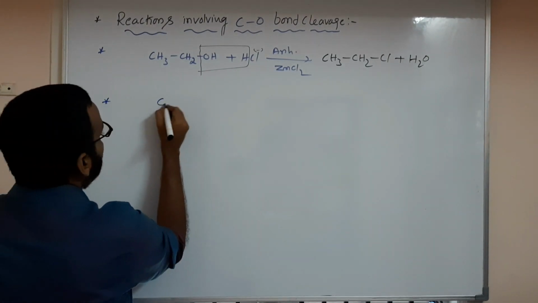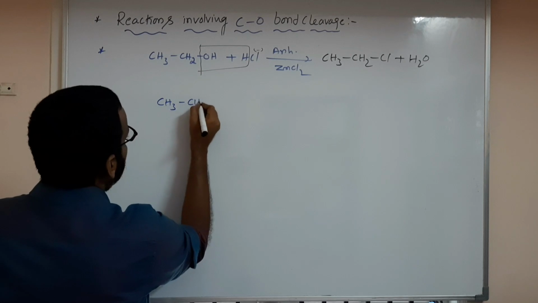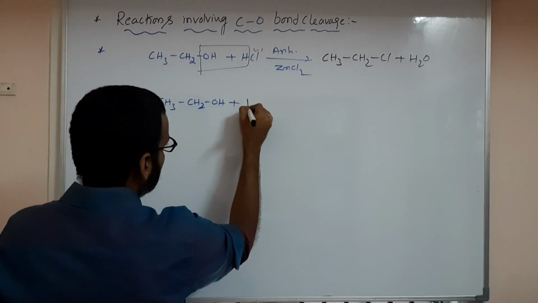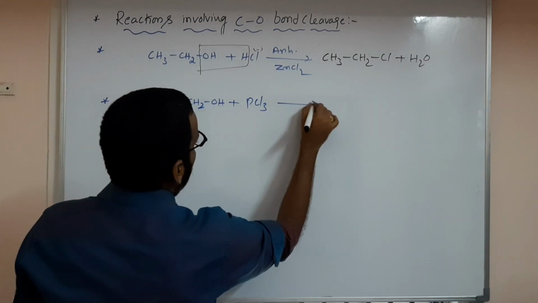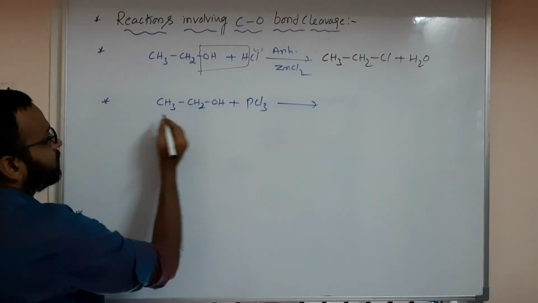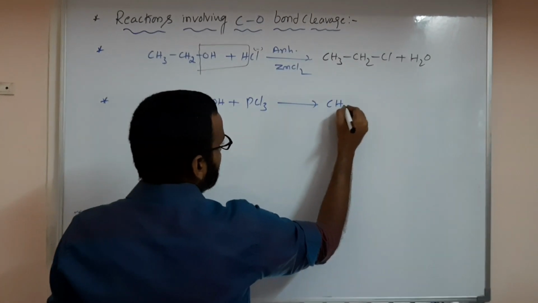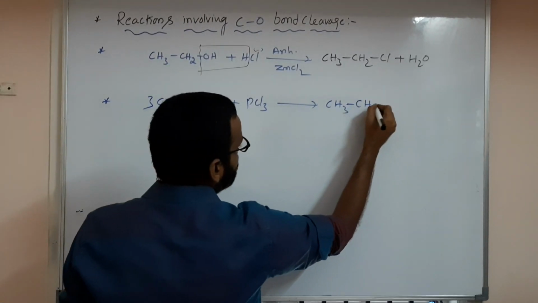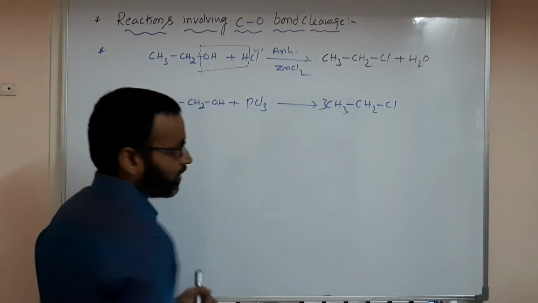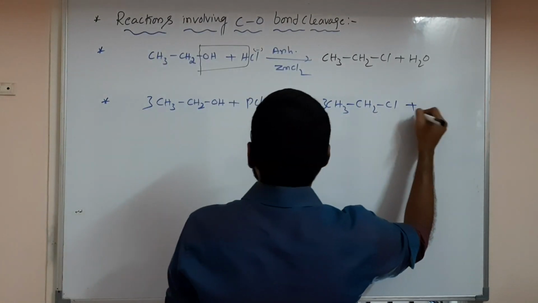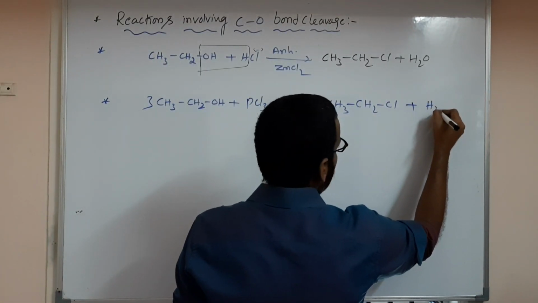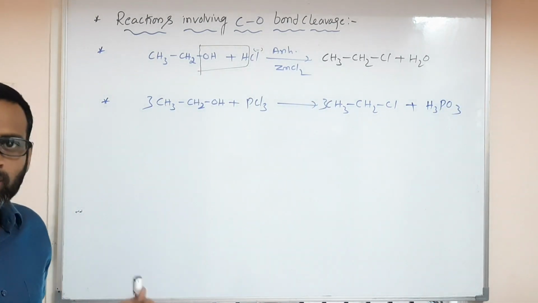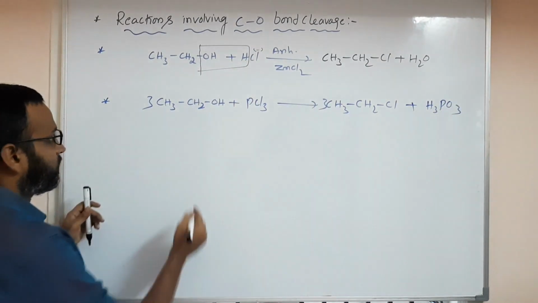Next one, CH3CH2OH with PCl3. I told you already, you get CH3CH2Cl, 3 moles, and along with that H3PO3. Reactions involving what bond cleavage? CO bond cleavage.